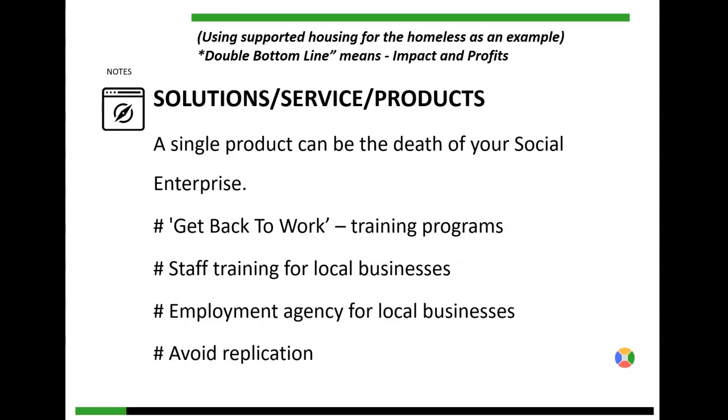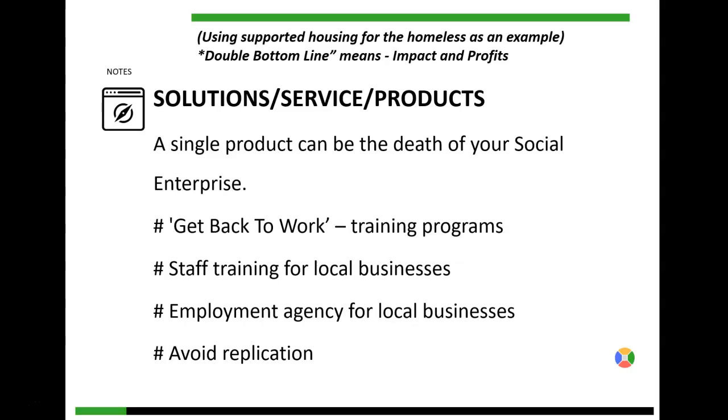The example here is that, okay, I'm going to start a get back to work training program for those who are in supported housing. Now, here's the deal. Because most people who will be delivering the training will have experience of staff training anyway, why don't they try to supply training to local businesses? I say, well, that's a good idea. So you expand. So now you've got 2 products.